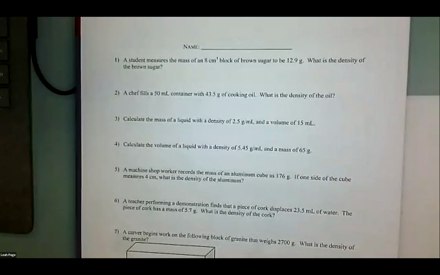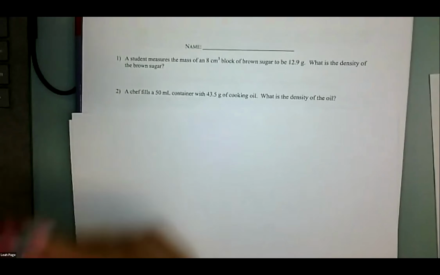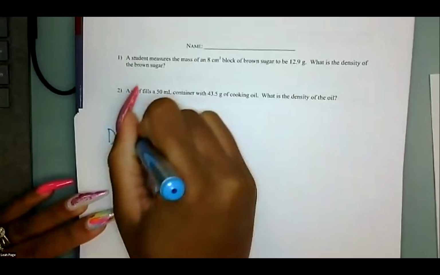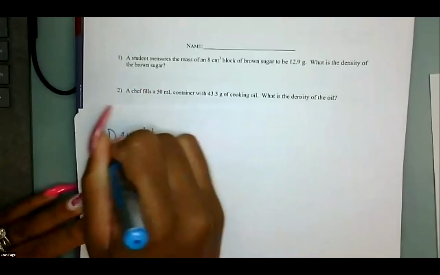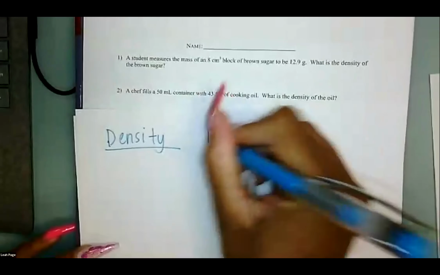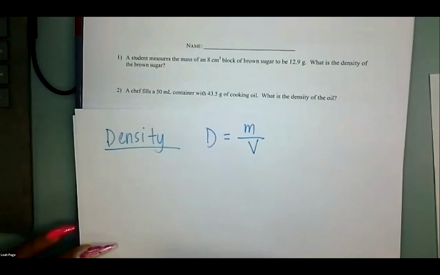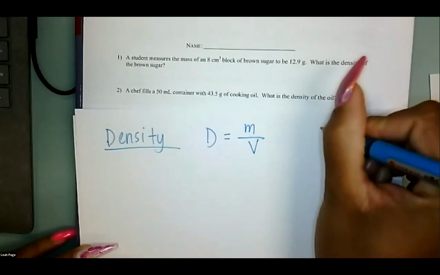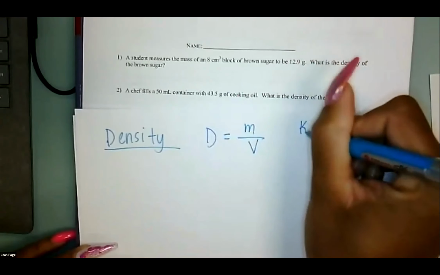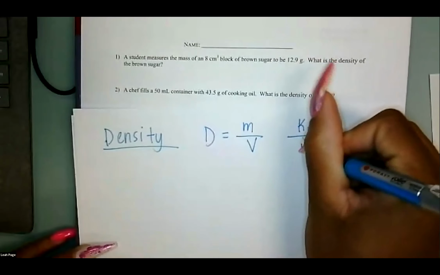So we're doing density. And remember, density is a substance's mass to volume ratio. The SI unit for density is going to be the SI unit for mass, which is a kilogram, and the SI unit for volume, which is meters cubed.